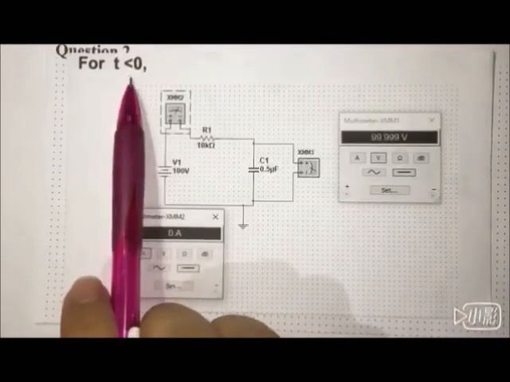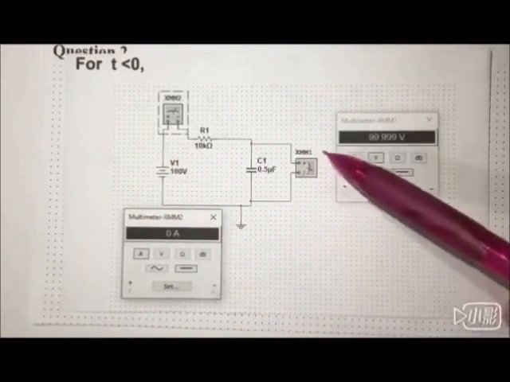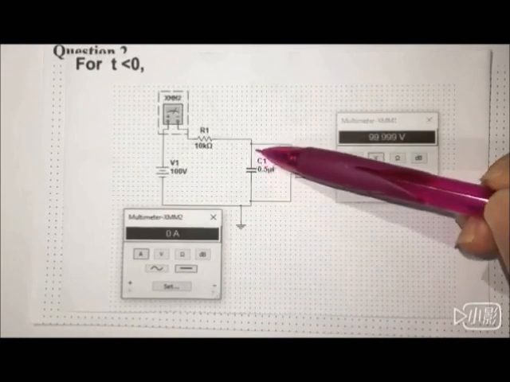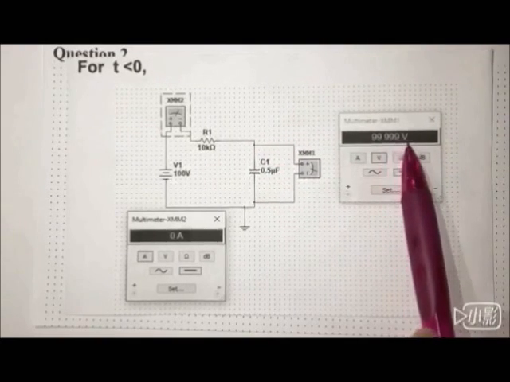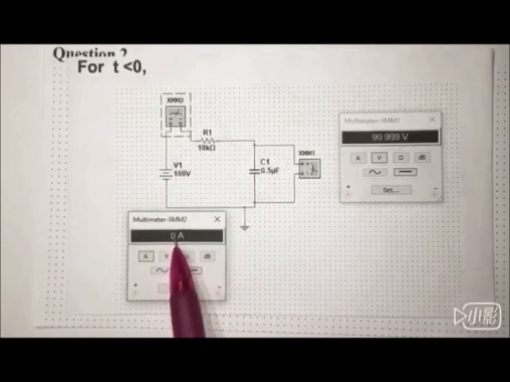For t less than 0, the circuit will be like this. And this is the result from Multisim. Now the voltage across the capacitor is equal to 100 volts, and the current for the whole circuit is equal to 0 ampere.